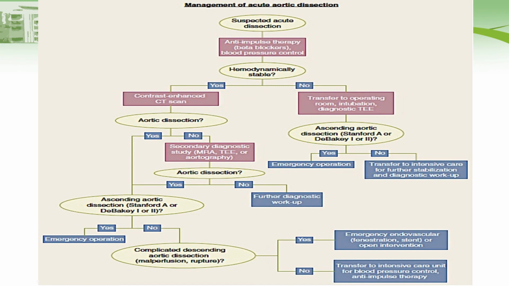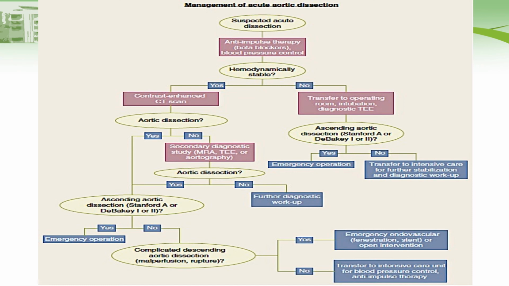So on the other side of the algorithm, we have hemodynamically unstable patients. So these patients, you have to go immediately to the operating room. We do intubation. We perform at the very least a transesophageal echocardiography.